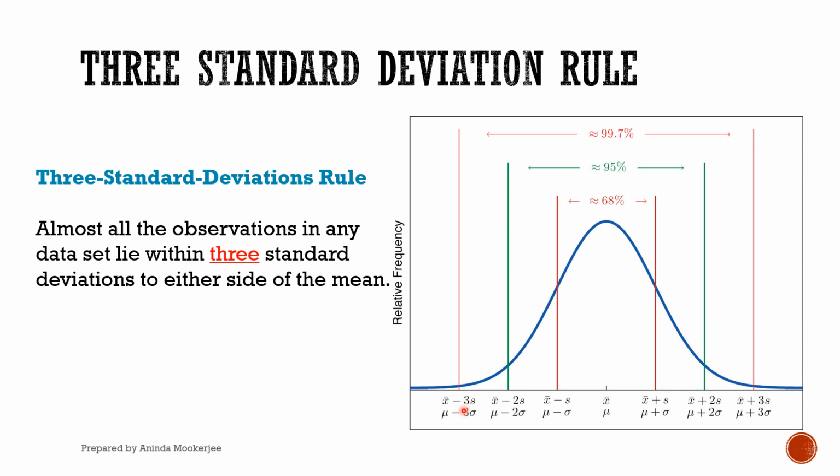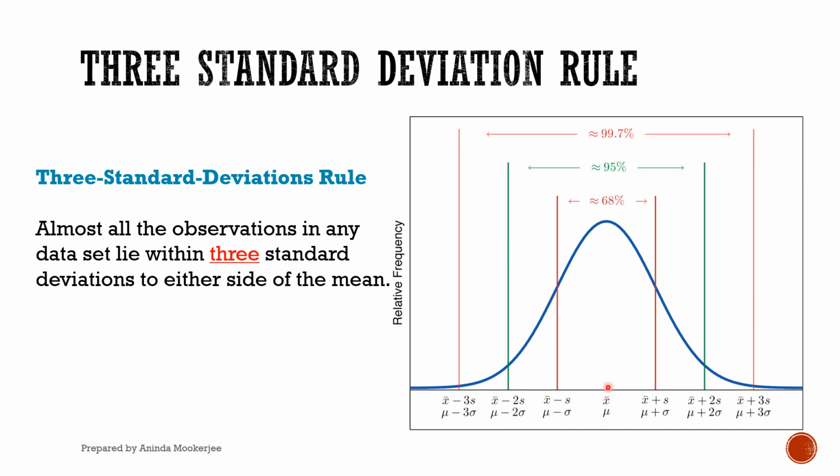Because almost 100% of the observations will fall under this curve. Very rarely will an observation lie beyond ±3 standard deviations, and that's a very, very low probability, but almost 100% will be covered within the 3 standard deviations.